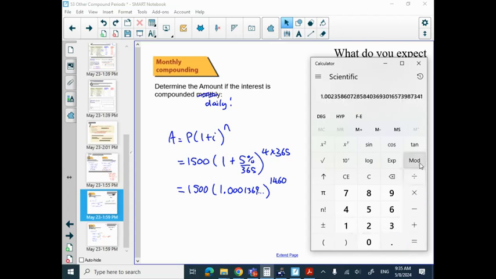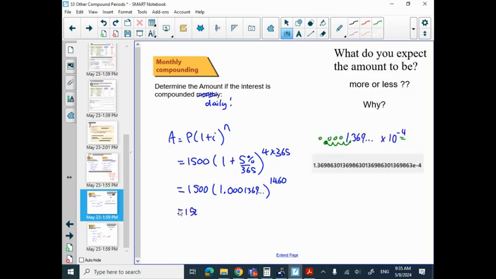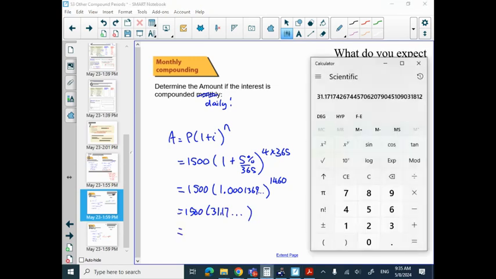Put that to the power of 1460. Gives us 3117, and we multiply by 1500. Gives us 40.